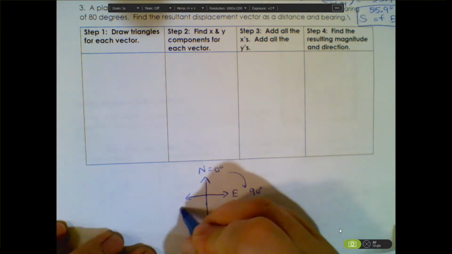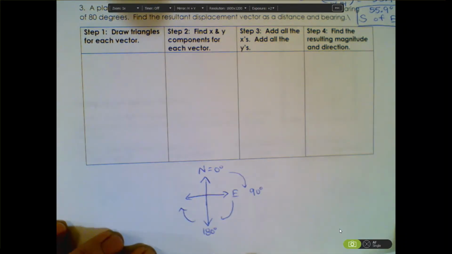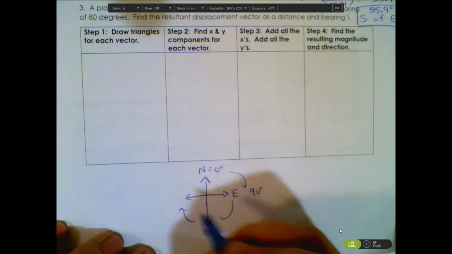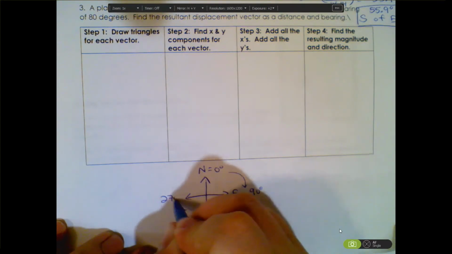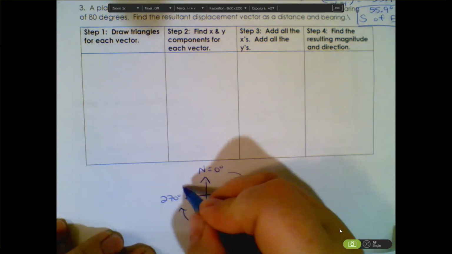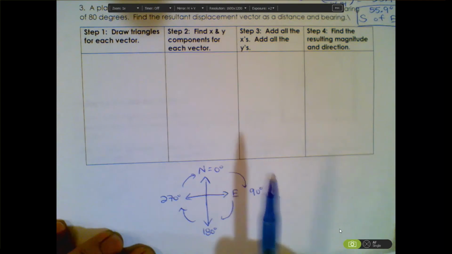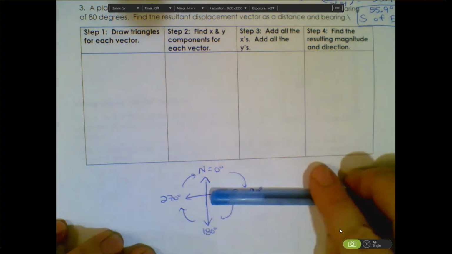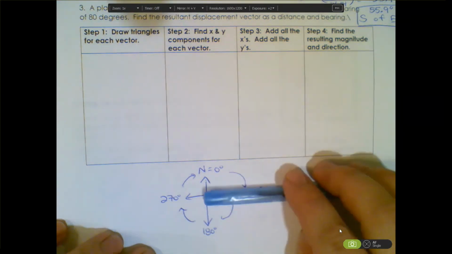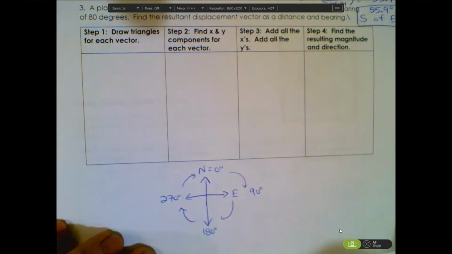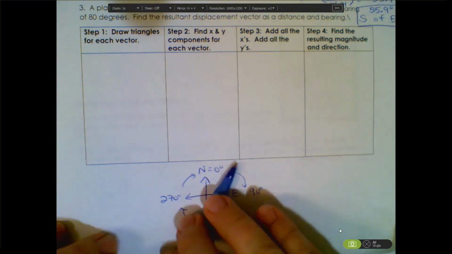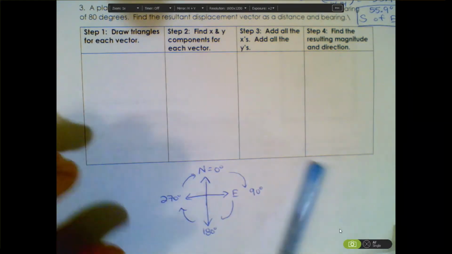And we just keep rotating clockwise, and that's how we get our bearing, 270 degrees, and then back to 0 degrees or 360 degrees. So instead of starting at 0 degrees from the x-axis, like is typical in math class, we're actually starting due north, and we're going in a clockwise manner to figure out the bearing.